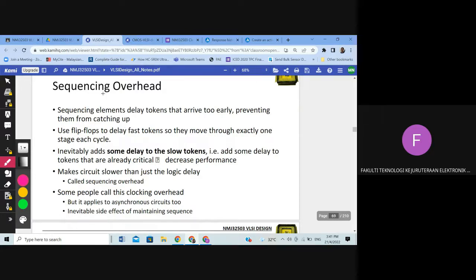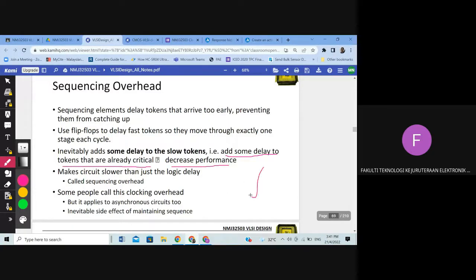All right. So sequencing overhead we have discussed. Normally we delay the system to make sure both input data arrive at the same time or at an acceptable time, and that will introduce delay. That adds delay to the paths that are already critical, and this will decrease the performance.